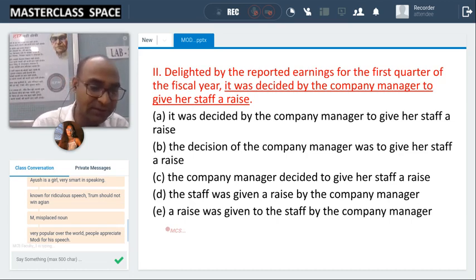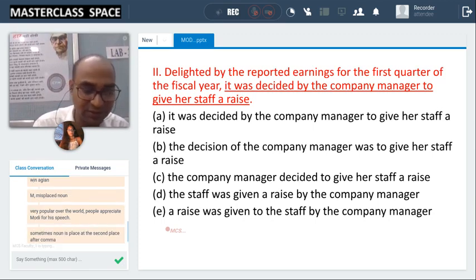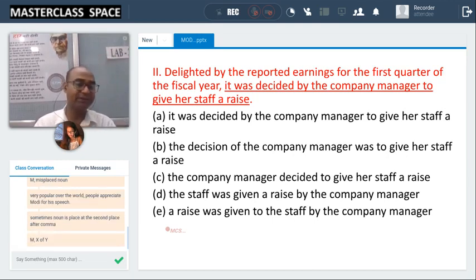Second problem, sometimes the noun is placed at the second place after the comma, and the structure can be modifier, comma, x of y. So look here, as you know, a modifier should modify x, but generally we find that it is not x but y.